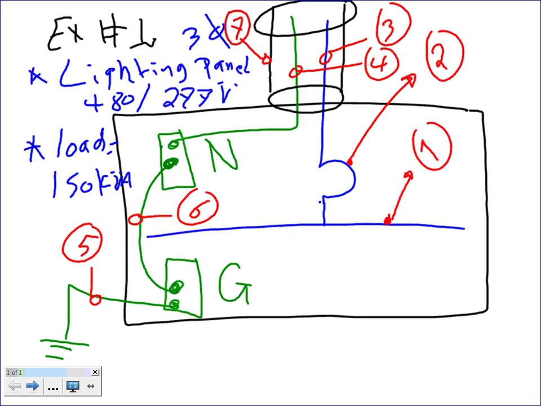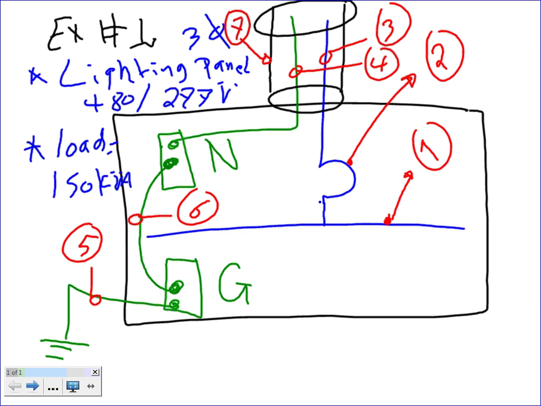So we went 1, 2, 3, 4, 5, 6. Any question, guys, about the requirement? What's 6 and 7? As I write them down, I will write the name too. 6 is called main or system bonding jumper.